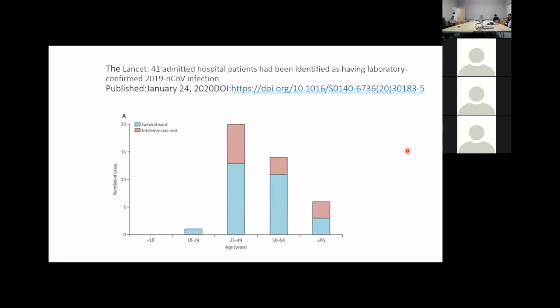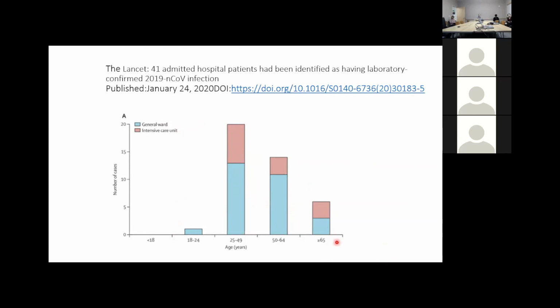So this is from an article in Lancet. These are cases out of China to show you that every age group is affected, but these also show where people were admitted to. So in the younger age groups, most people ended up being managed on the general wards.